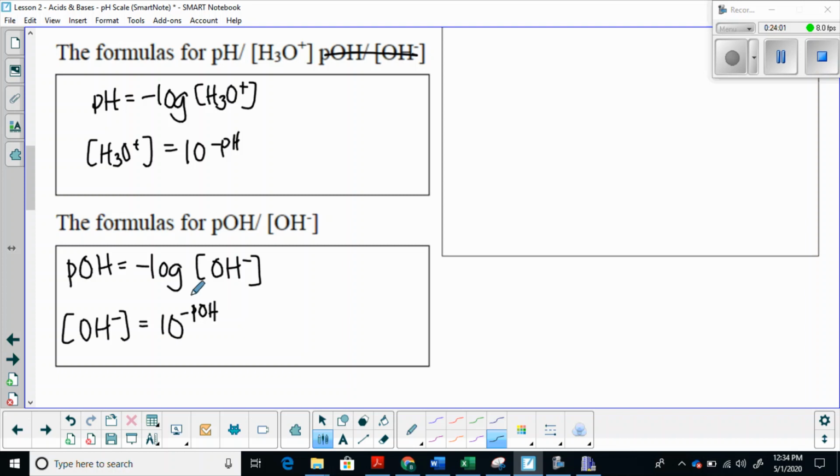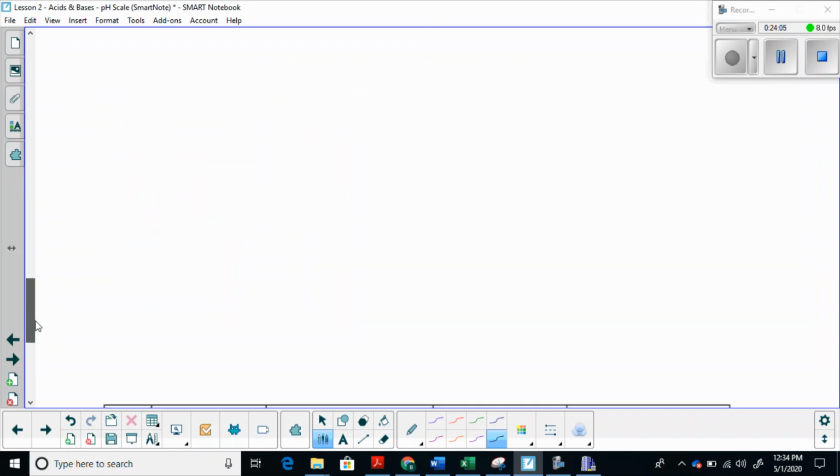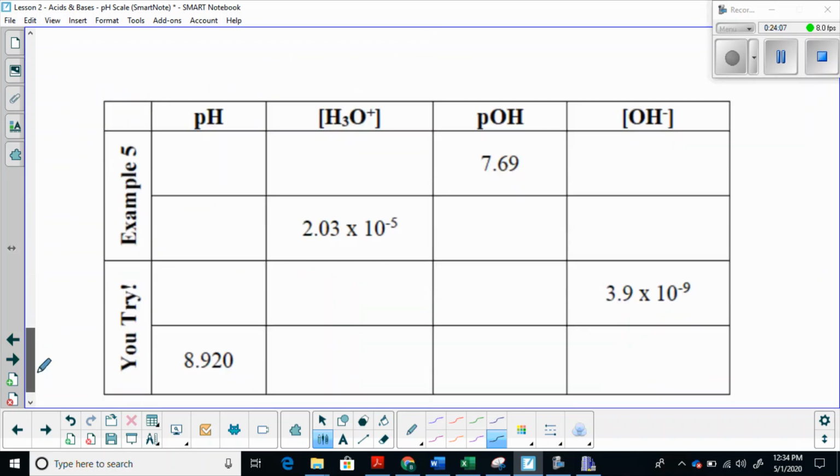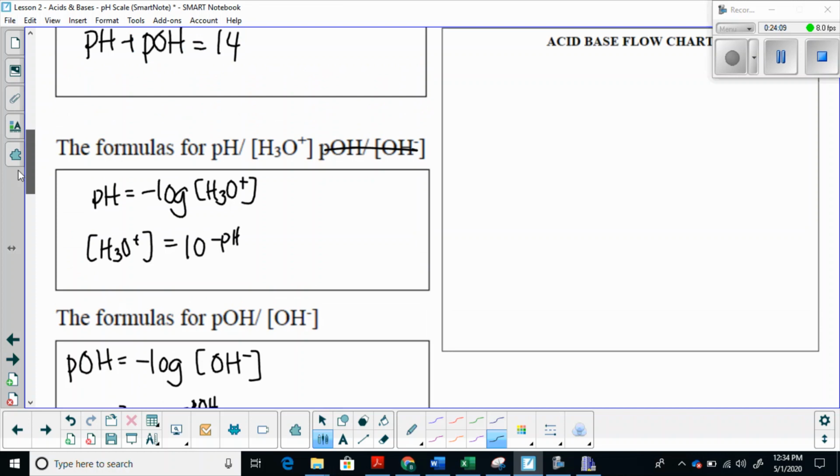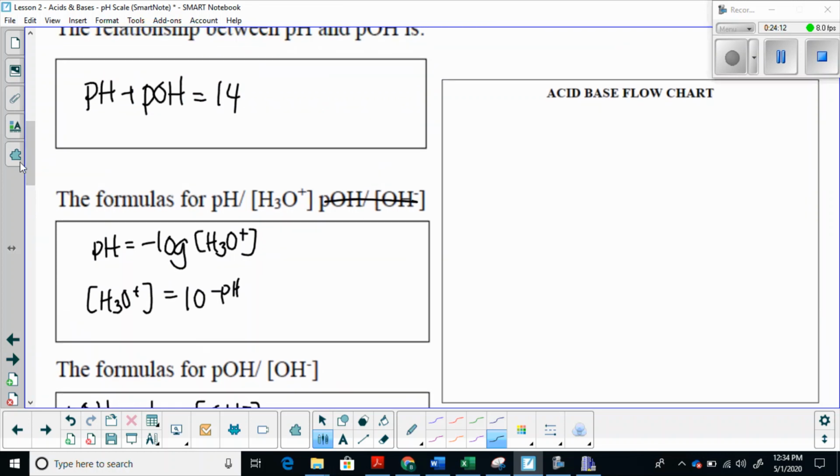I'm going to make you a flow chart because sometimes you're going to be asked to calculate everything. Example A here. So we're going to make a beautiful flow chart here. This is how your flow chart will always be set up: hydronium, pH, POH, and hydroxide concentration.